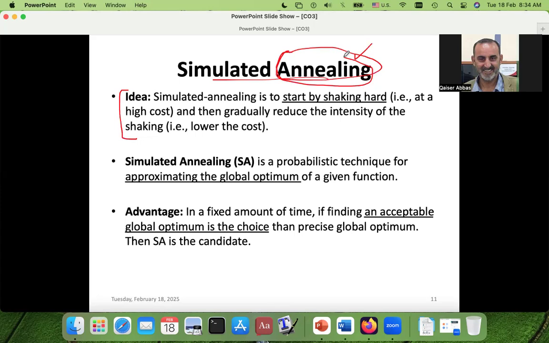When that metal goes into a kind of melting state, then you can shape it according to your need. And while shaping, you also bring the temperature down by putting some water on it. That is the normal strategy to convert that metal into your product. This is called annealing theory in physics.